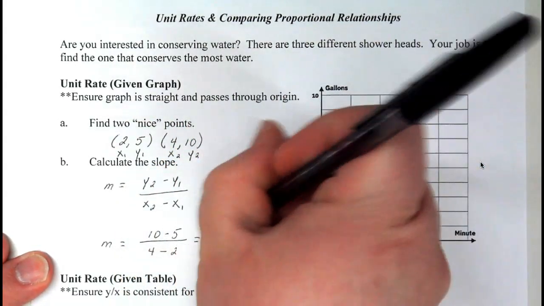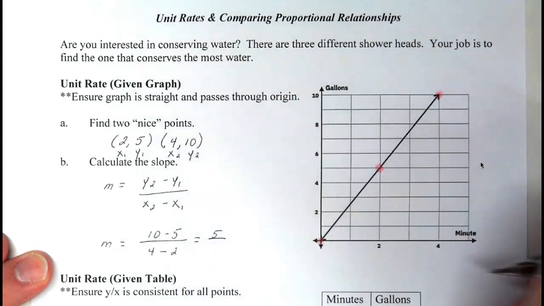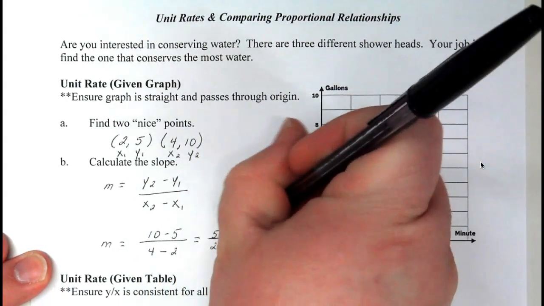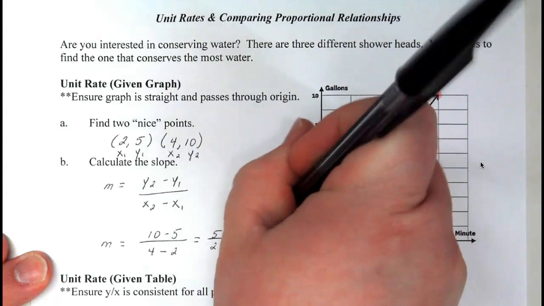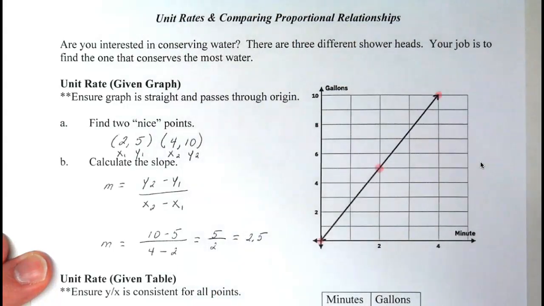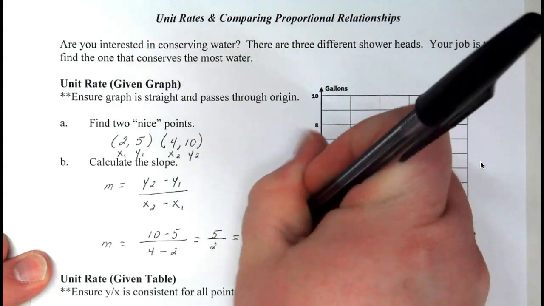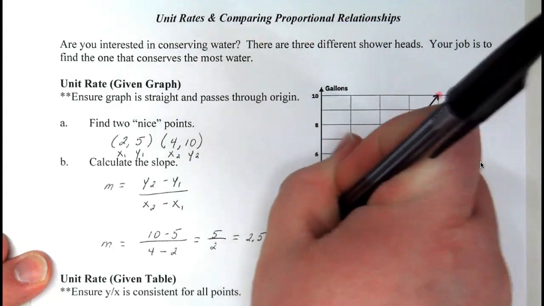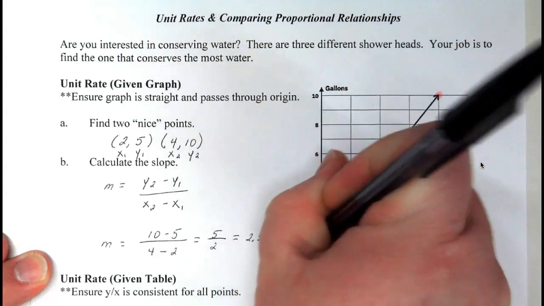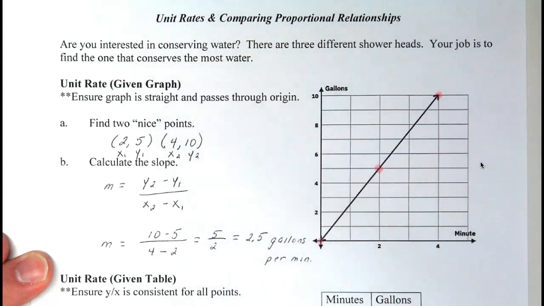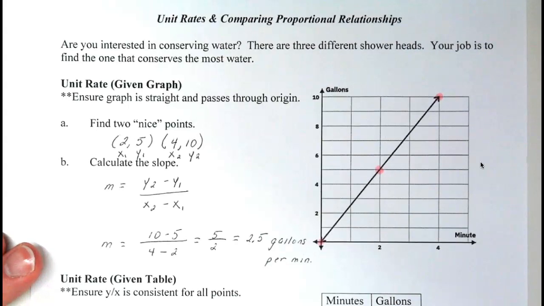So 10 minus 5 is 5. 4 minus 2 is 2. 5 divided by 2 is 2.5. So this shower head is 2.5 gallons per minute. So that's our first one, given the graph.